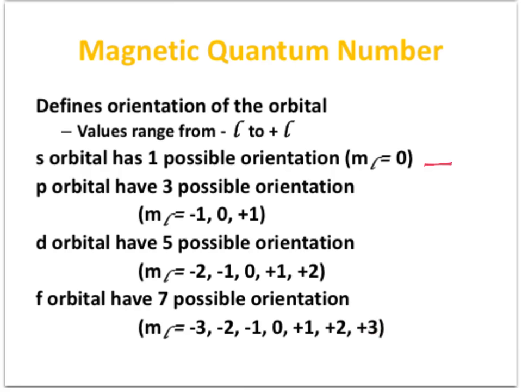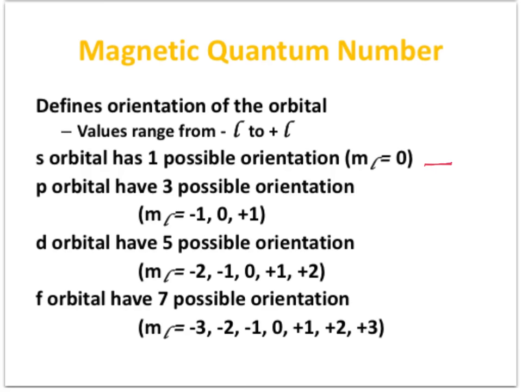Now those numbers should ring a bell. Something should be going off in your head right now saying, oh, this makes sense, I know this. We have one possible orientation for the s. That's our one line.